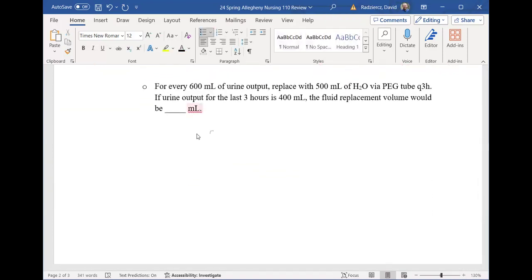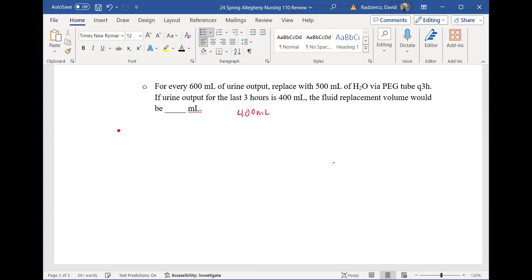So what is my actual output in this scenario? It's 400 milliliters. If I don't put something there, it's going to give me problems after I write. So my actual output is 400 milliliters.